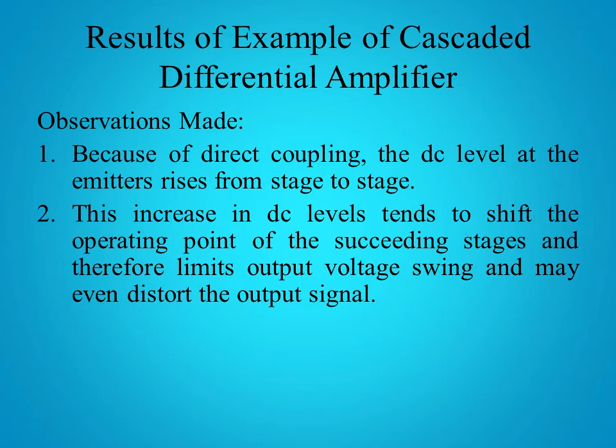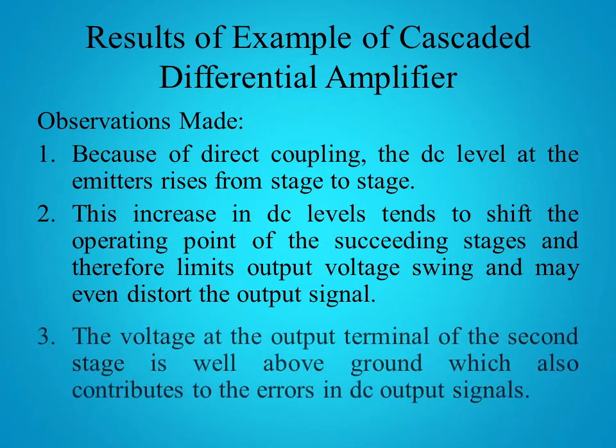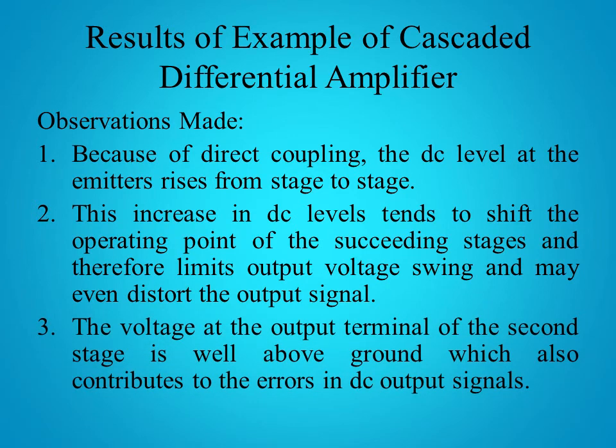Because if the operating point shifts, the swing of the output signal is also restricted, and if it swings, then it is obvious that the signal will get distorted. The voltage at the output terminal of the second stage is well above ground, which also contributes to the errors in DC.